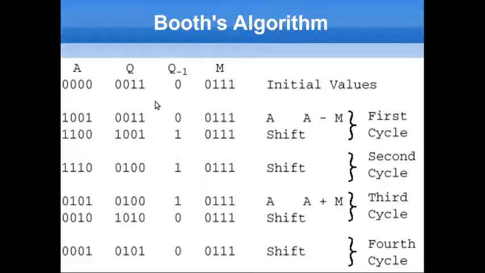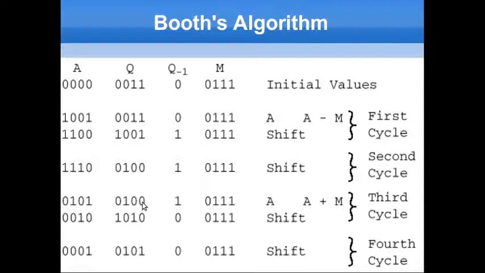If we were to group the bits, the least significant bit of Q with the bit in Q minus 1, such that that would give us a binary number, we notice that the most significant bit in the number 1, 0 is 1, and this would denote a negation, and it implies that we perform a subtraction, and that's what the operation is in the first cycle, a subtraction.